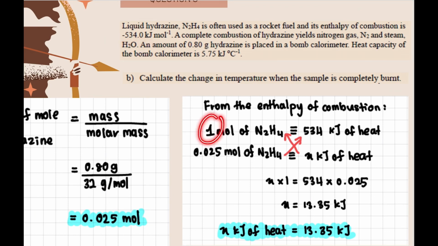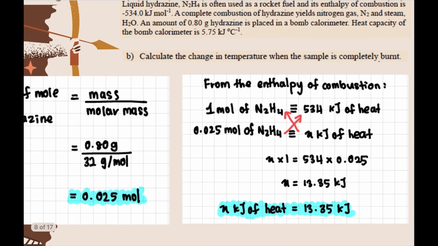It means for every 1 mole of N2H4 it will release 534 kilojoules of heat. So if there is 0.025 mole of N2H4, how much heat is released? So find X. Alright, and you should get this value here, 13.35 kilojoules. Okay, that is the amount of heat released.